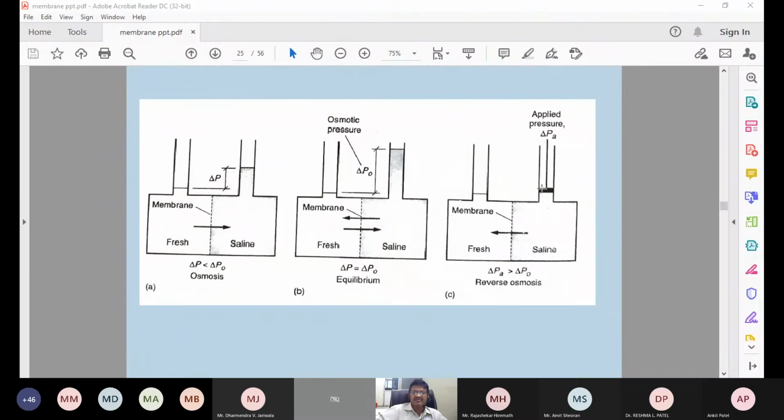Here we are applying the pressure, and here the osmotic pressure is there. So we have to overcome this osmotic pressure. So you have to apply delta P_A greater than the osmotic pressure. Then only the water will pass through. At equilibrium, osmotic pressure will be equal to delta P.